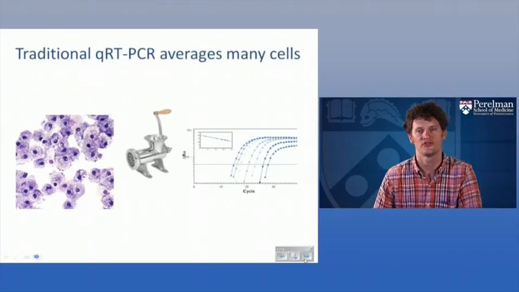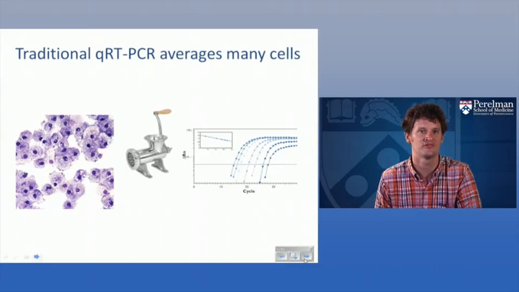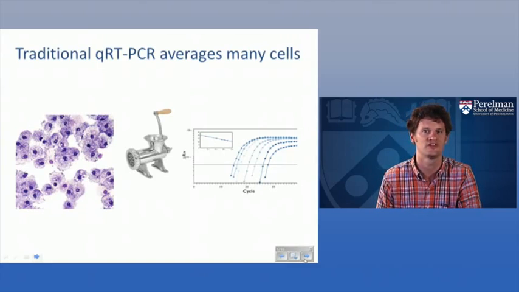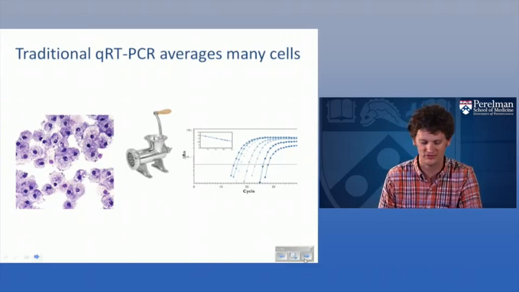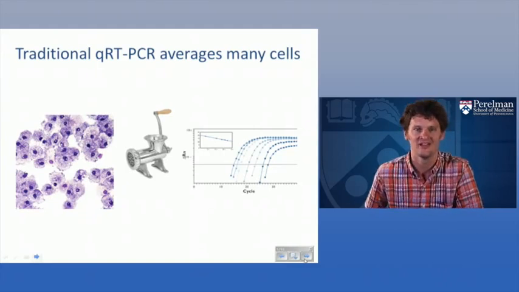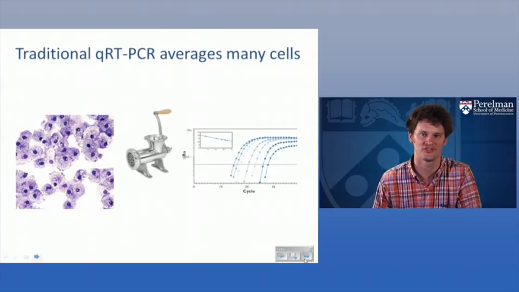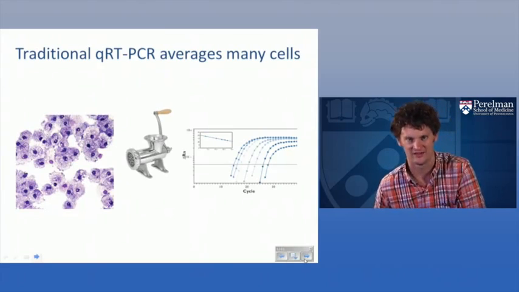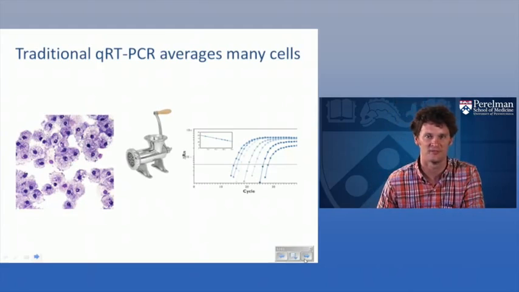So here's a brief summary of traditional quantitative RT-PCR for gene expression measurement. You have a whole bunch of cells, and you run them through a meat grinder, so you've lost all the spatial information that was in those cells. Or maybe you have something slightly more sophisticated than a meat grinder, but it serves the same purpose, and then you do some PCR.